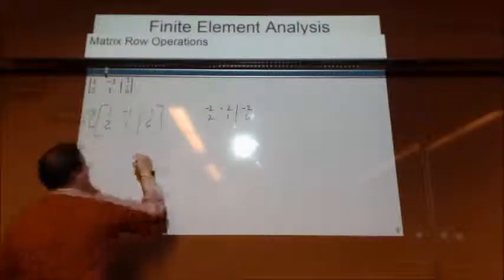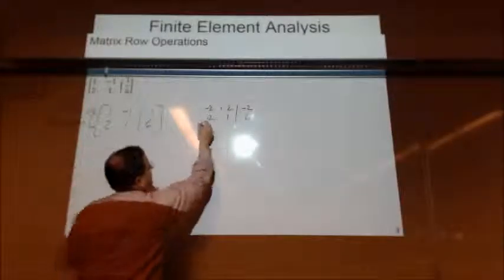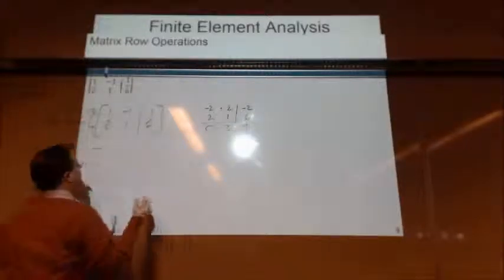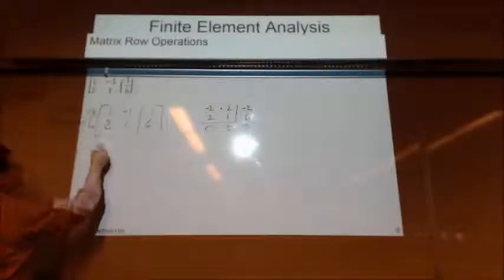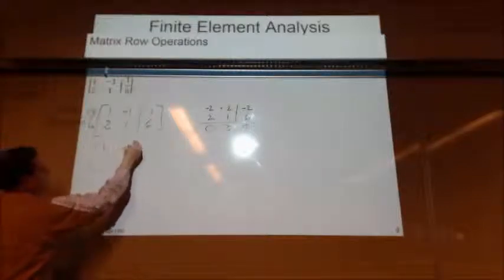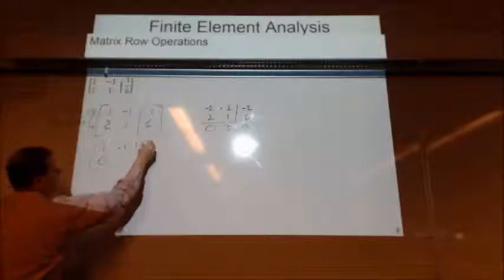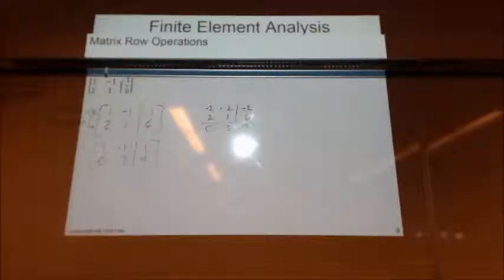So this is 0, 3, and 4. So this row didn't change. Questions about that? Does that make sense?